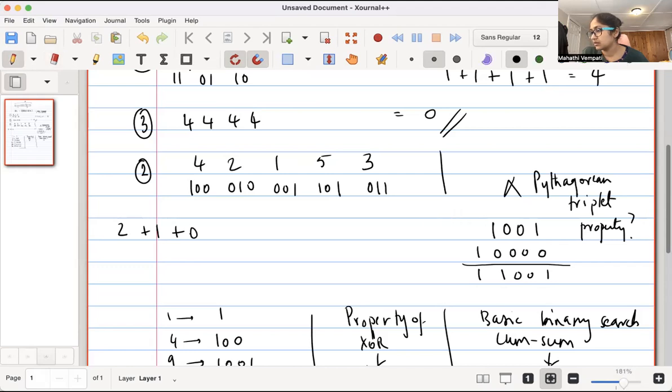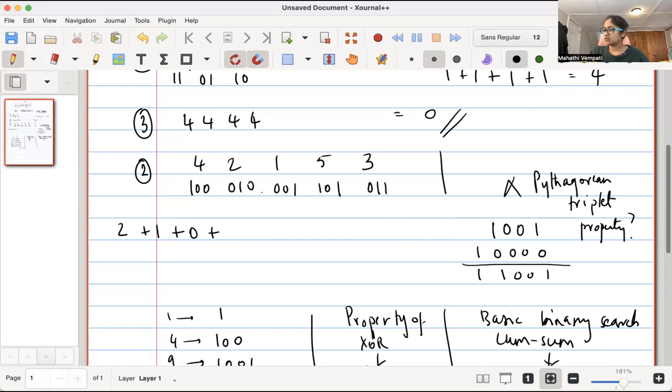No. So 0 plus arrays of size 4. 0, 0, 0, 1, 1, 0, 0, 1, 0.